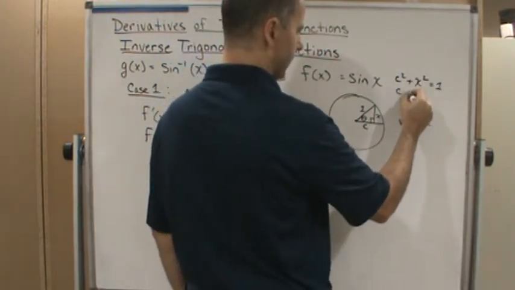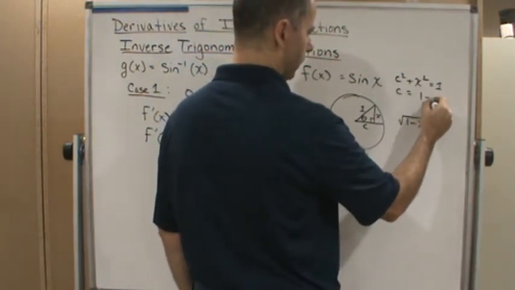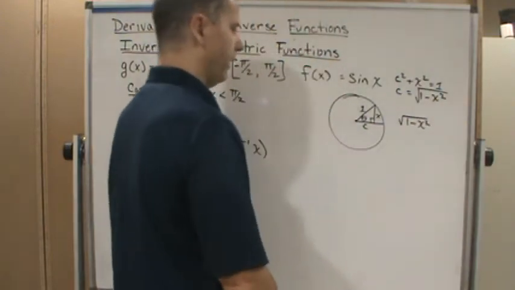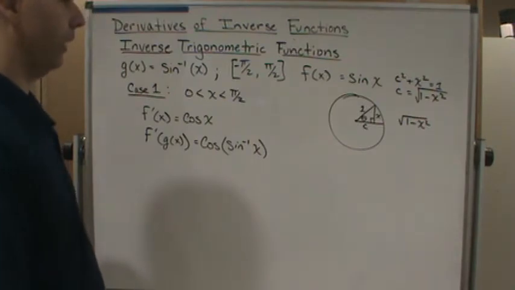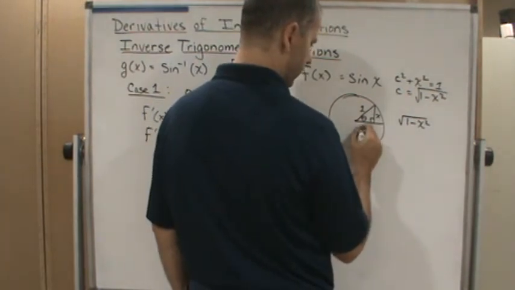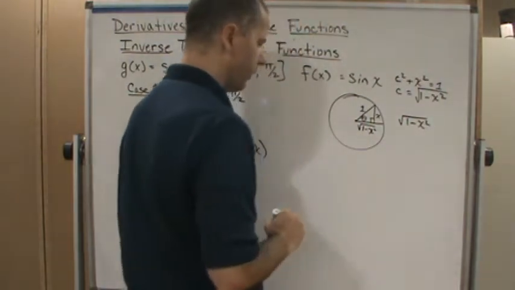So c equals the square root of 1 minus x squared.